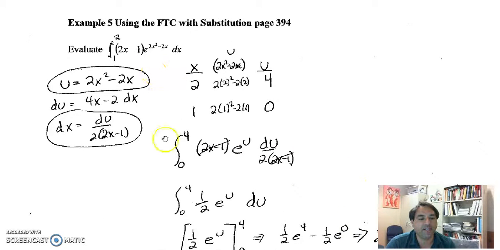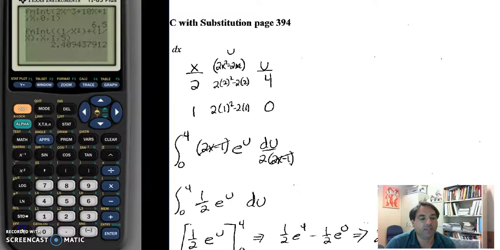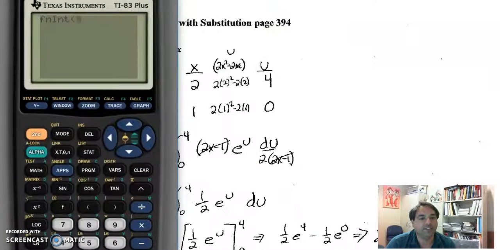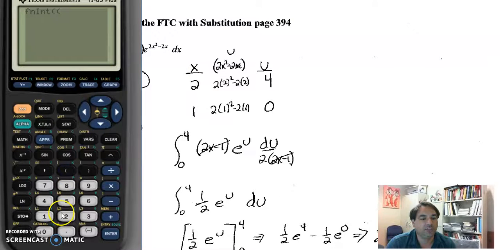But we'll go ahead and check this in the calculator. So we take our calculator, we hit Math 9, and then our function is in parentheses 2x minus 1 close parenthesis, then a second function, e to the x, via ln, of 2x squared minus 2x, close parenthesis.